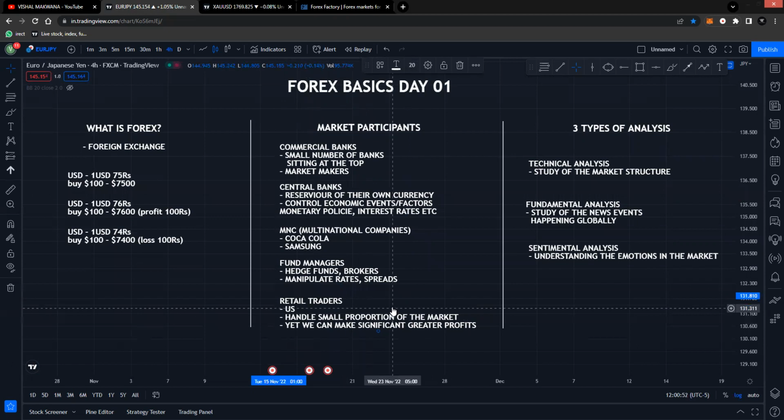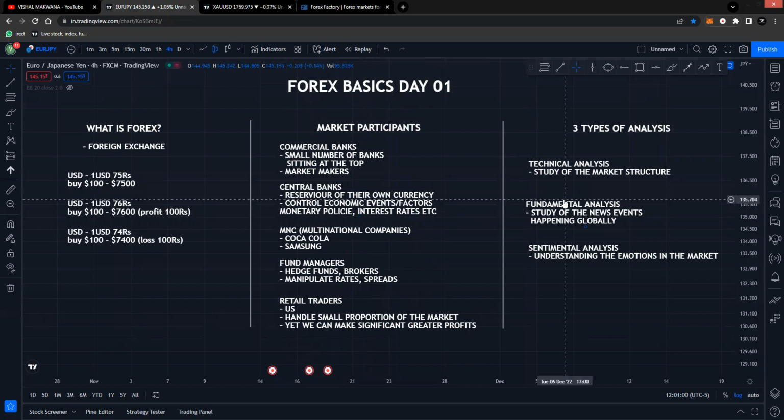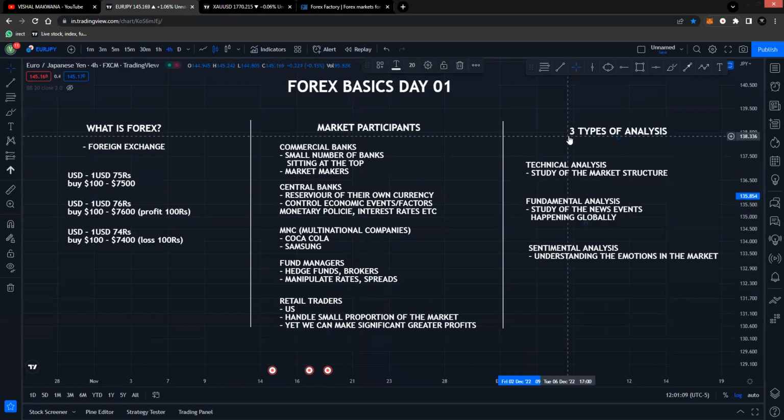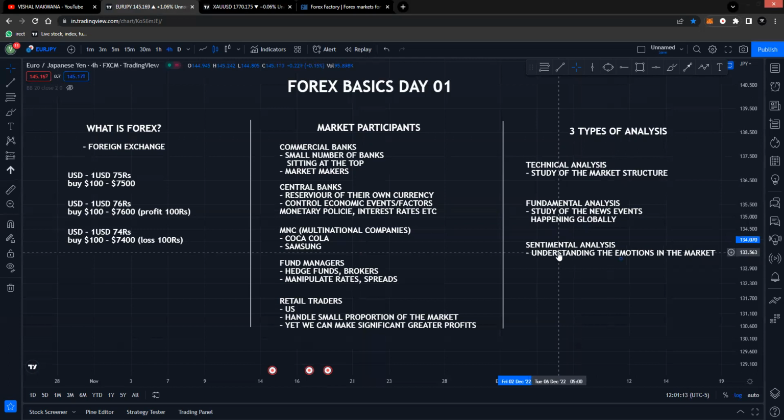Any individual who can participate in the foreign exchange market individually and independently. Then we have 3 types of market analysis. One is technical, the study of the market structure. Second is fundamental, the study of the news events happening globally. Then we have sentiment analysis, understanding the emotions in the market, right?